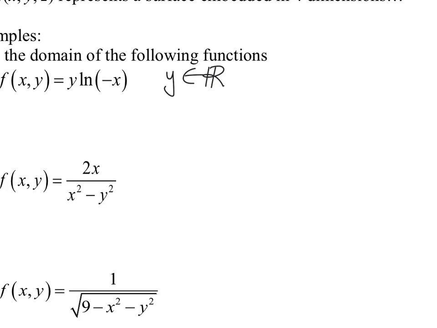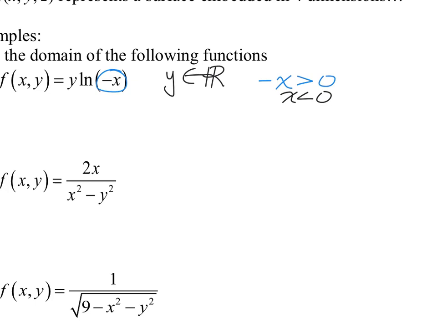It's x that would be the problem. Well, you can't take the log of a negative number, and you can't take the log of 0. So negative x has to be greater than 0, which implies that x has to be less than 0 itself.